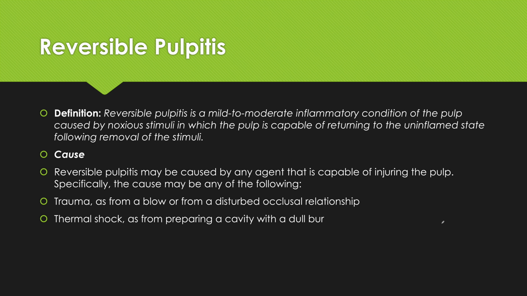So, reversible pulpitis is a mild to moderate inflammatory condition of the pulp caused by a noxious stimuli, in which the pulp is capable of returning to the uninflamed state following removal of stimuli. Cause: the common causes are any agent that is capable of injuring the pulp. We talked about a lot of agents, and most commonly we have trauma, thermal shock.